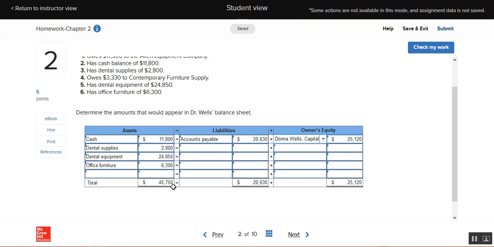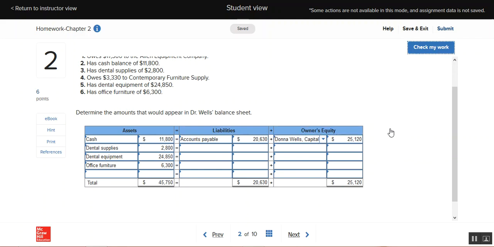So the answer to that question is, first of all, whoever the company owes money to, which would be their debtors, that's their liabilities, they would pay off those debts, which would be the $20,630. And then after those debts are paid, the owner would get the rest. She has claim to the rest, so that's her equity. So that just tells you who has claim to the assets, which would be the debtors, and then whatever's left, the owner gets.